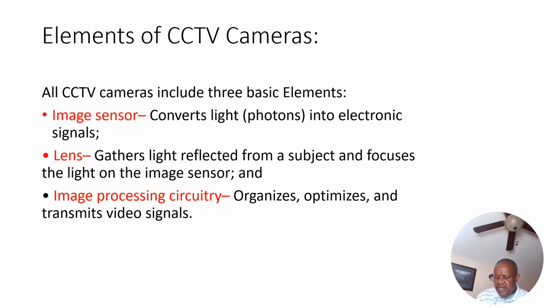Then cameras have a lens, which gathers light reflected from a subject and focuses the light on the image sensor. And then image processing circuitry, which organizes, optimizes, and transmits video signals. So those are the three elements of cameras: image sensor, lens, and image processing circuitry.